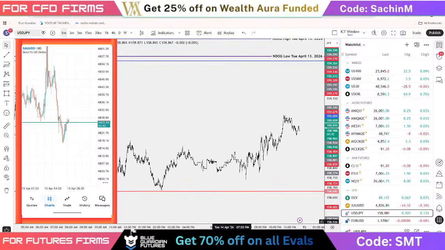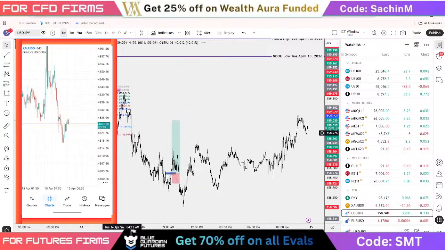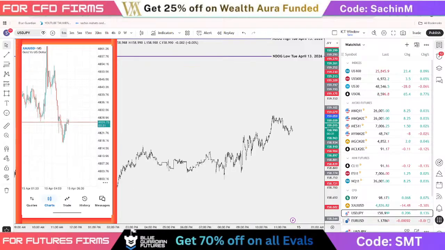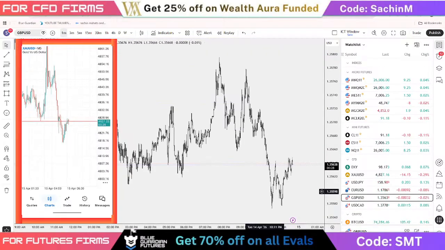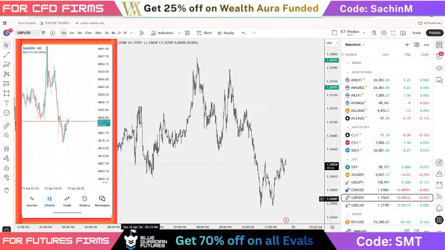Okay, so we still haven't got yet to the end of yesterday. That was a fine trade yesterday, 1 to 14 trade. Let's get to GBP USD. It has swiped the liquidity.